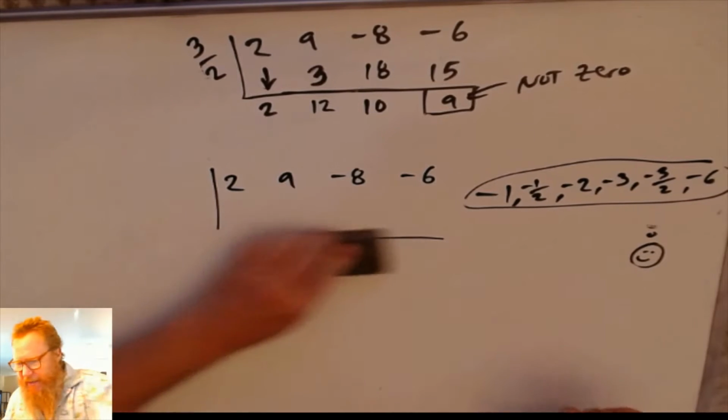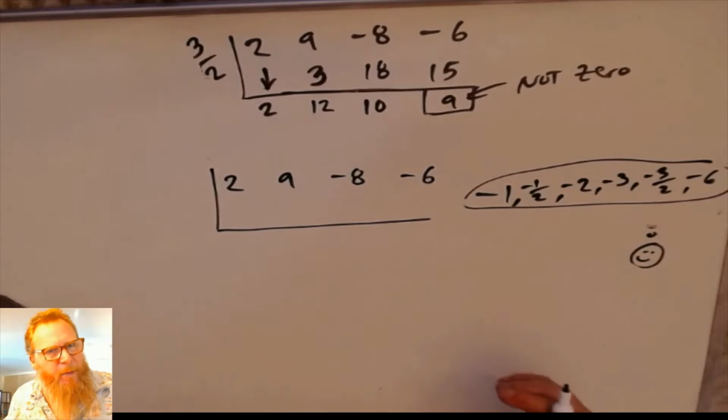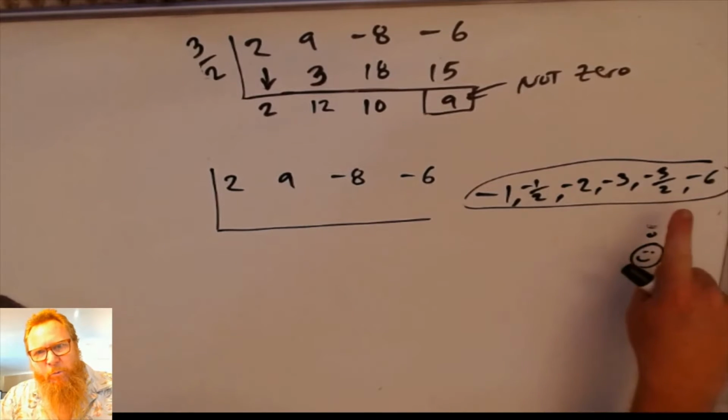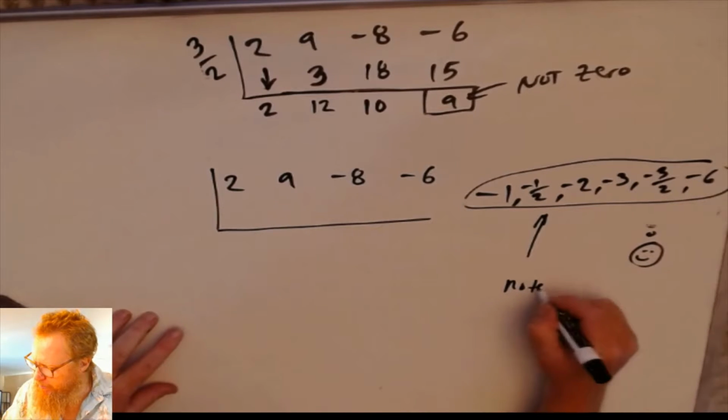Now you might be thinking in the back of your head, well, wait a minute, Descartes' rule said there was going to be one positive 0. How come none of these worked? So I'll just make a little note.